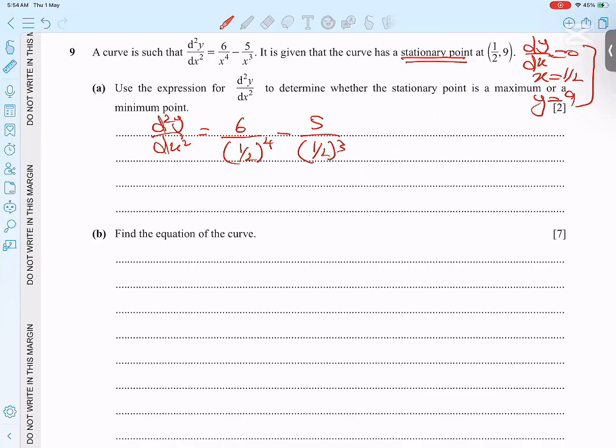When I replace half here and half here, let me check in the calculator. 6 over 1 divided by 2 over 16, and negative 5 over 1 divided by 8, and I get 56. 56 is positive, and positive means it is a point of minima. I hope the point is very, very clear.